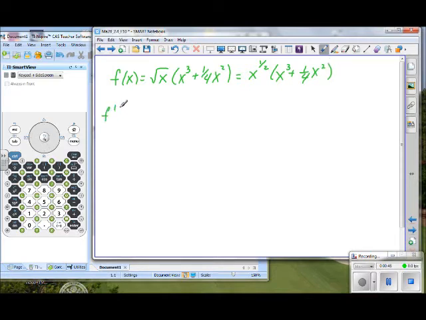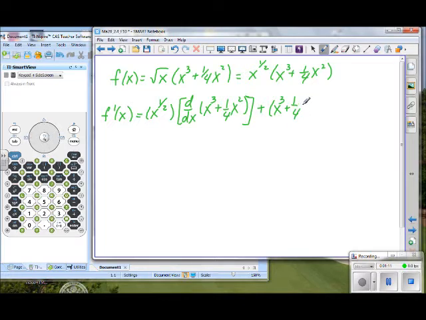Okay, so the derivative is the first factor, so x to the 1/2, times the derivative with respect to the input variable of the second factor plus the second factor, x cubed plus 1/4 x squared, times the derivative with respect to x of the first factor.